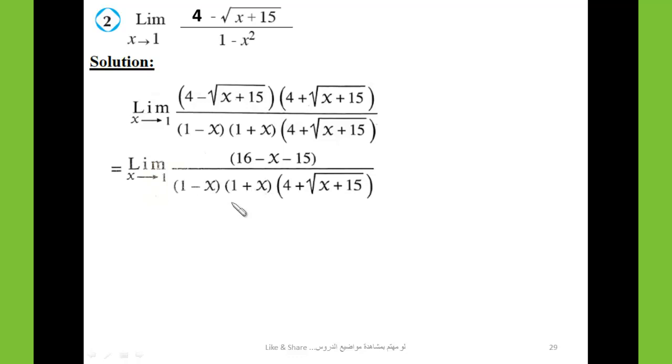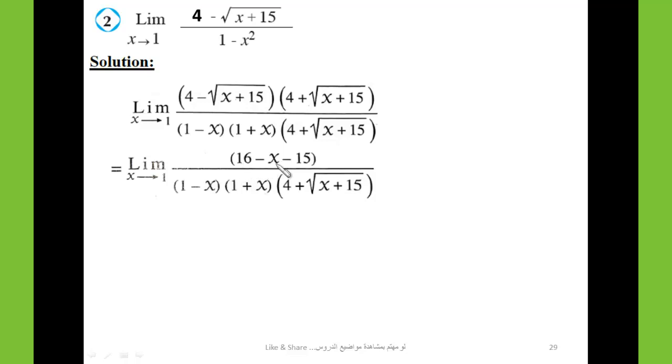What is the 0 factor? The 0 factor is x minus 1, as x tends to 1. Here we have 16 minus 15 equals 1. So this numerator equals 1 minus x. And this is the 0 factor.